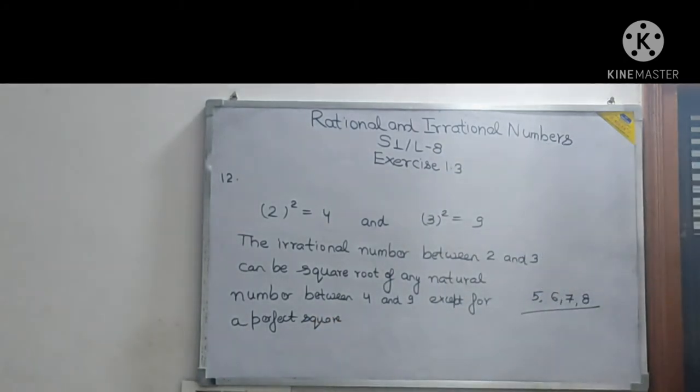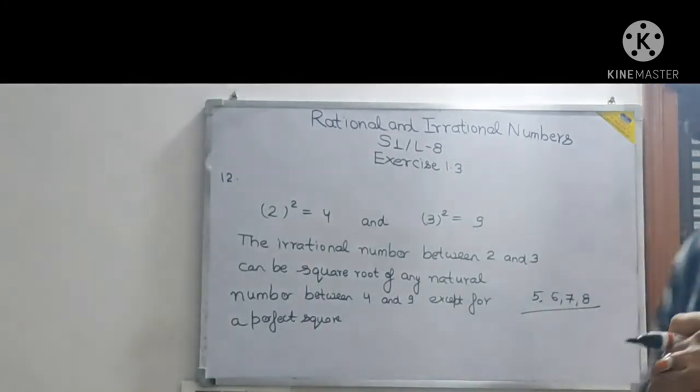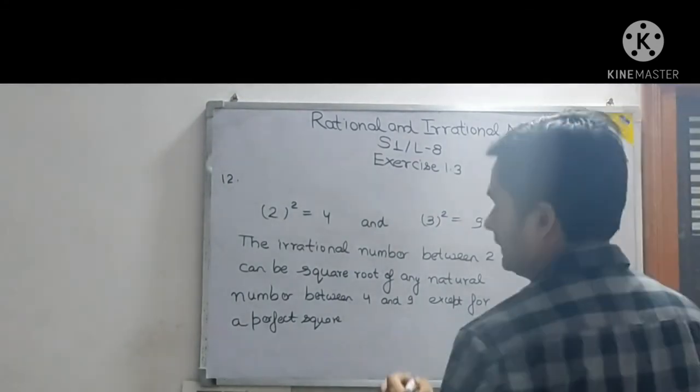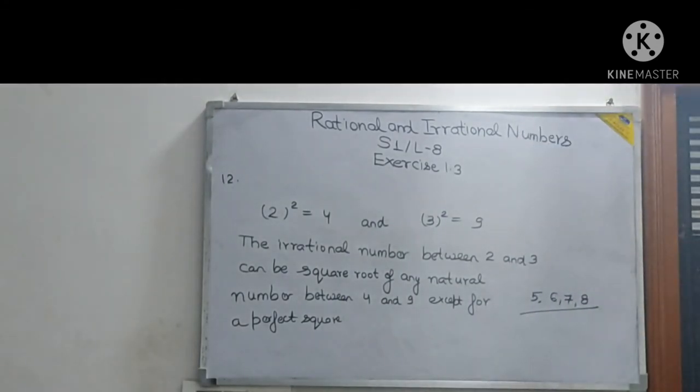Why perfect square? Because suppose it is a perfect square, then what? It will become a rational number. Except for the number that is a perfect square.